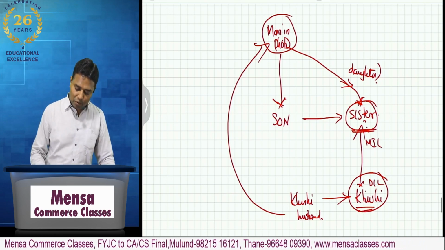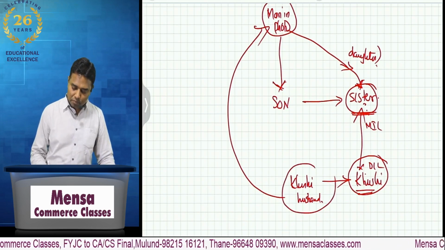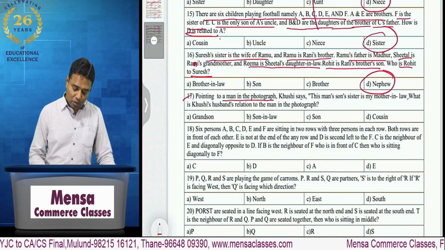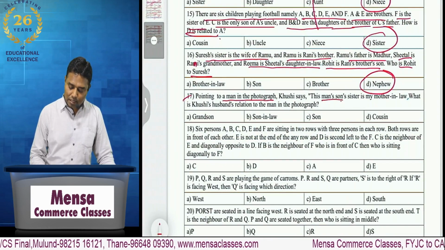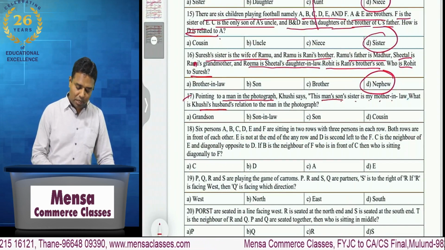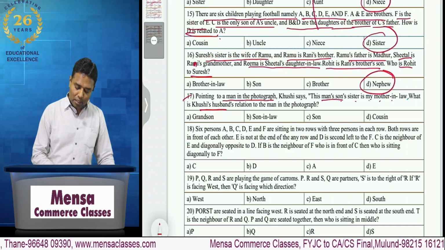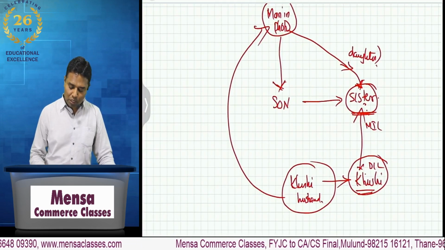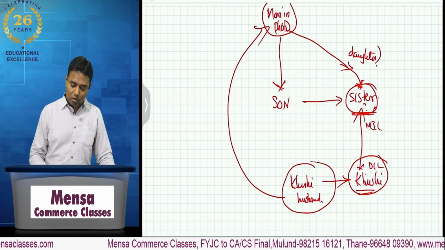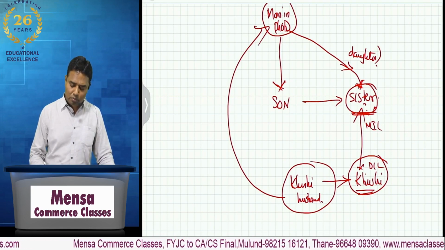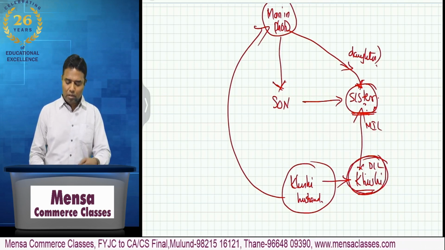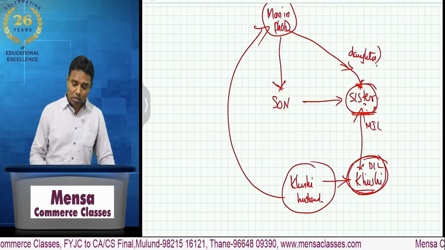The man will say, this man's son's sister is my mother-in-law. What is Khushi's husband's relation to the man in the photograph? So he will say, Khushi is my daughter's daughter-in-law.